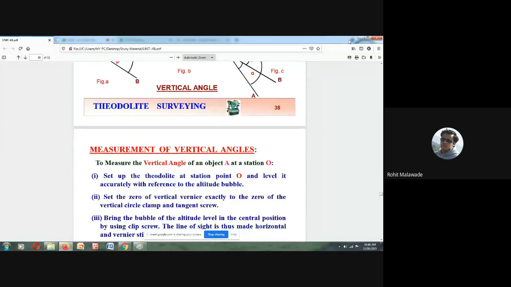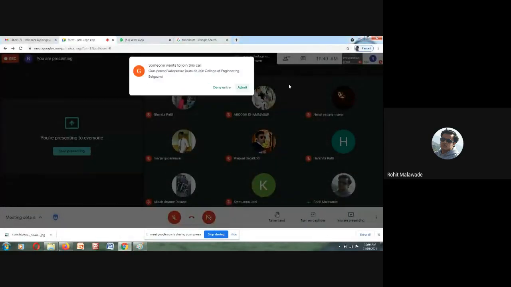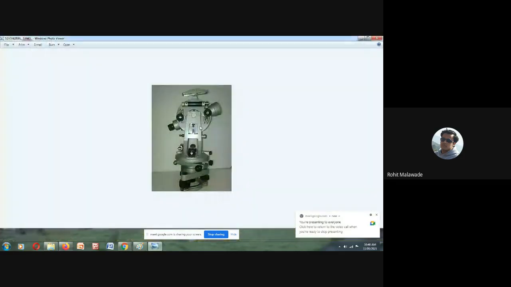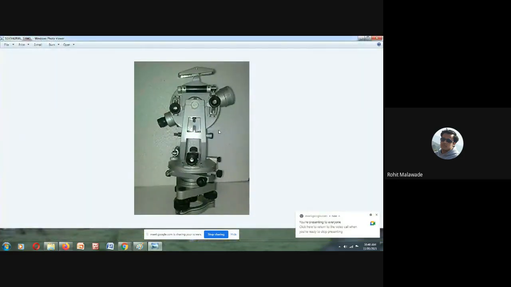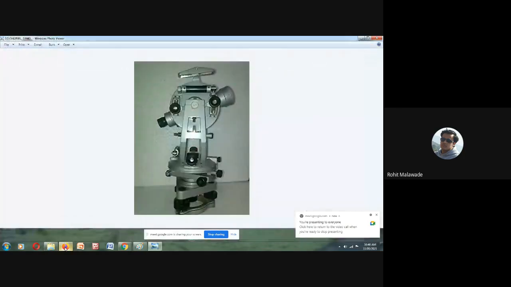Now, this is your theodolite. When you are going to set it at a particular location, it says set the theodolite at station O and level it accurately with reference to the altitude bubble.